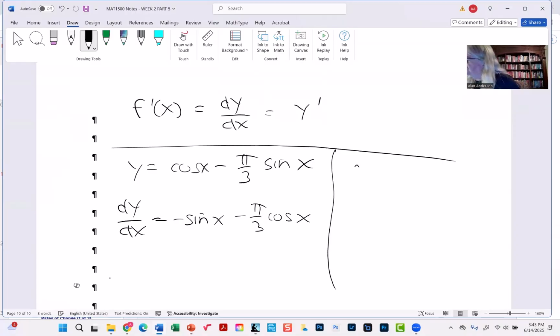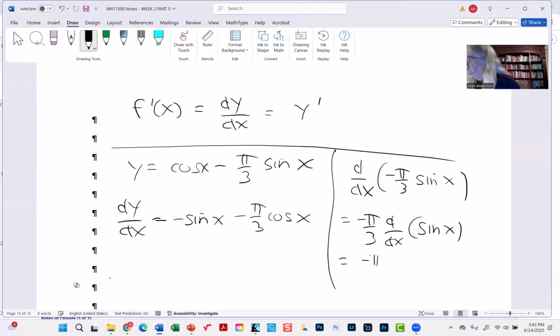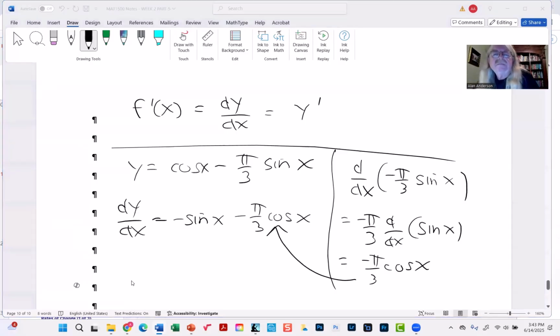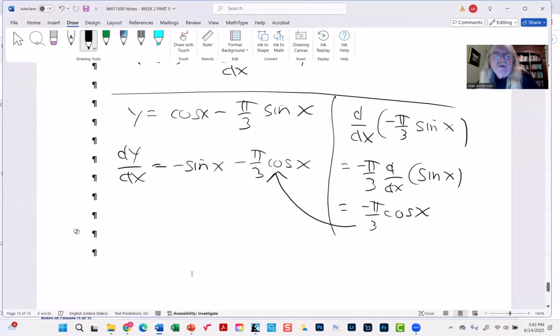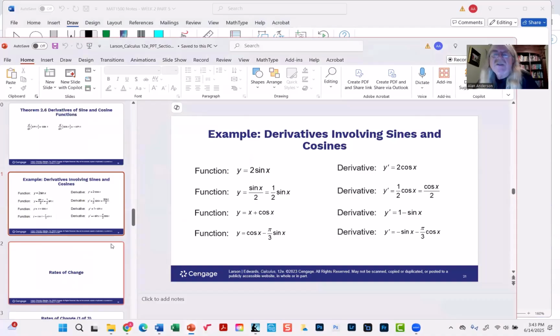Because it's the same thing as minus pi over 3, and we're all set. All right. Well, so far it seems very straightforward.